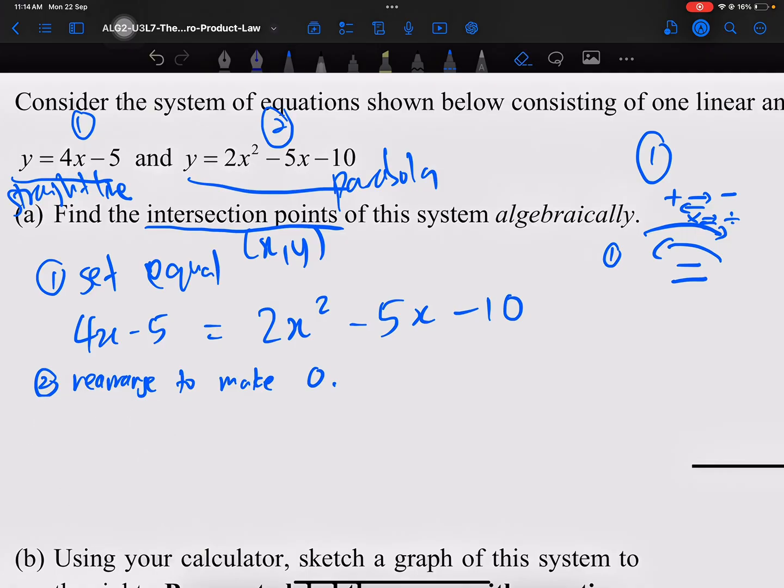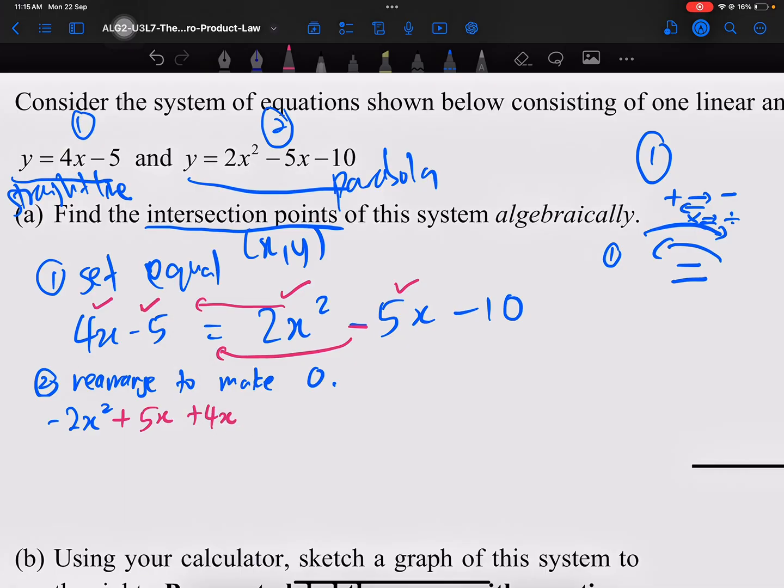You can rearrange to x squared, the highest power, first. 2x squared. Plus 5x. This one minus, jump to the other house, becomes plus. This one jumps to the other house and becomes minus 2x squared. Here I have another x, remaining the same, plus 4x.